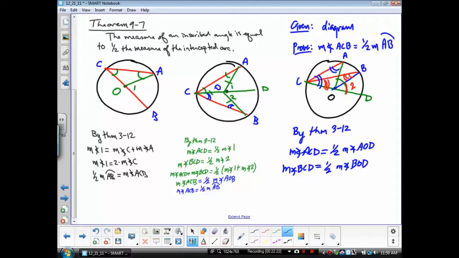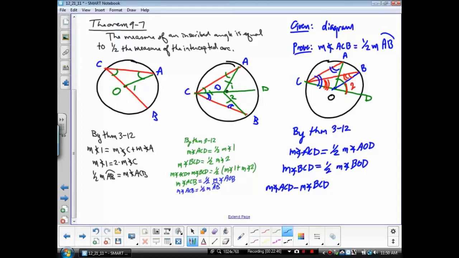Okay. If I subtract these angles now, if I take ACD minus BCD, what I get is the measure of angle ACB. Think the blue angle minus the red.